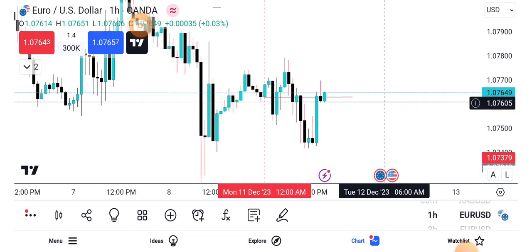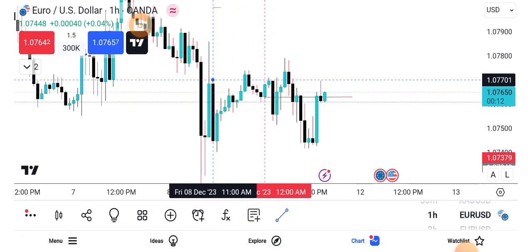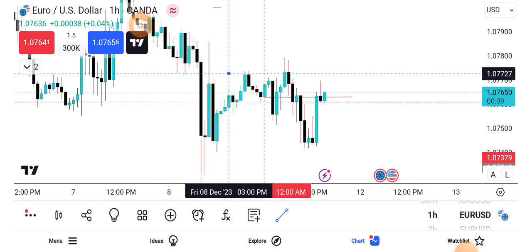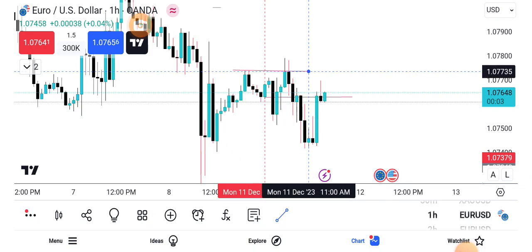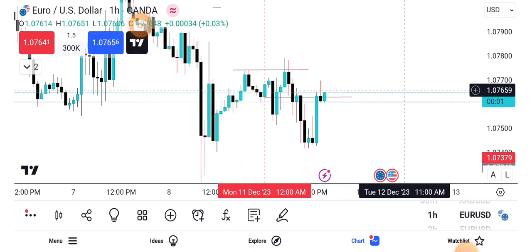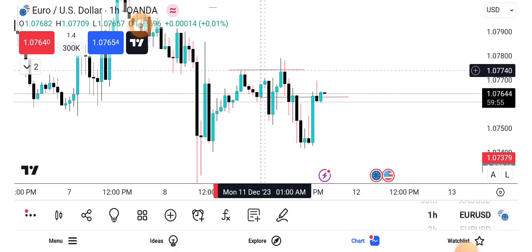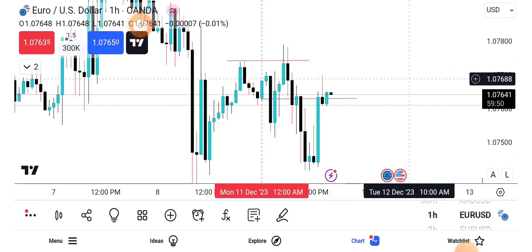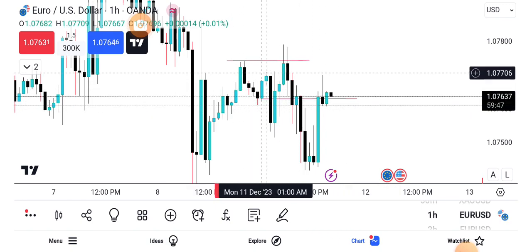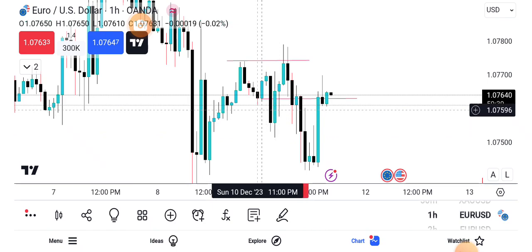And what happened today is we had these buy side liquidities resting above this zone. We can see how the market did open here, rallied, creating a high, never took out this buy side liquidity here, rallied lower, creating a low.